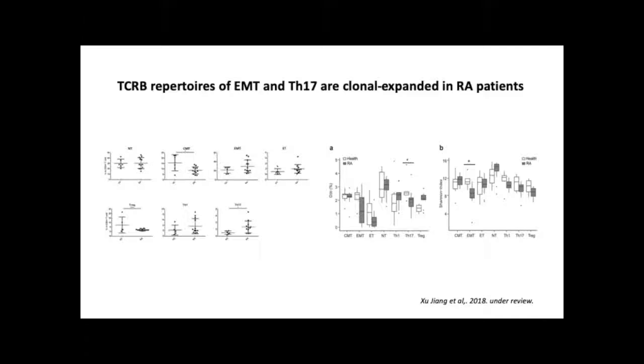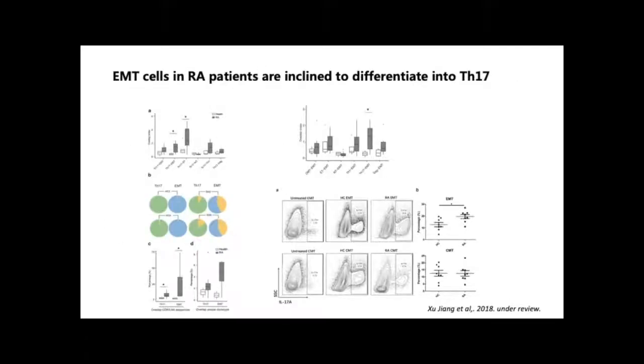Then we tried to see whether there's overlap, because Th17 is a very important cell modulator in RA. So we looked at whether there's overlap or connection between Th17 cells and the effector memory cells. We plotted the overlap matrix between the Th17 cells and all the other cell types, and we found that the overlap in the RA patients between Th17 and effector memory is significantly higher than in the control samples.